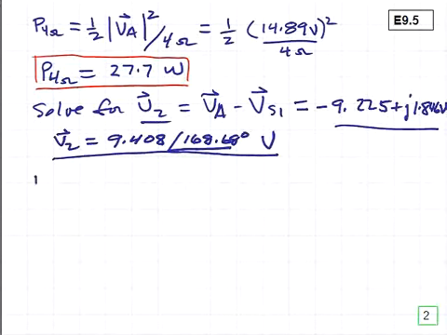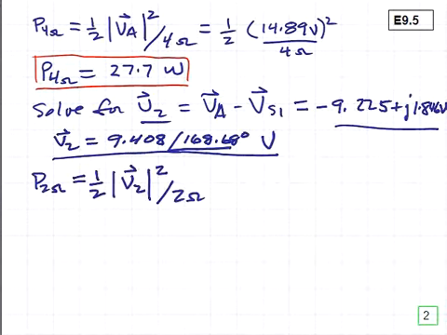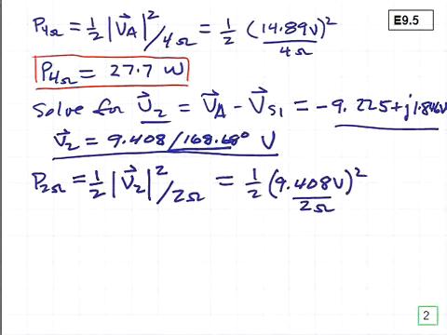Now the power in the 2 ohm resistor can be written as 1/2 times the square of the magnitude of the voltage V2 divided by the 2 ohm resistance, and this is equal to, or the power dissipated in the 2 ohm resistor equals 22.13 watts.